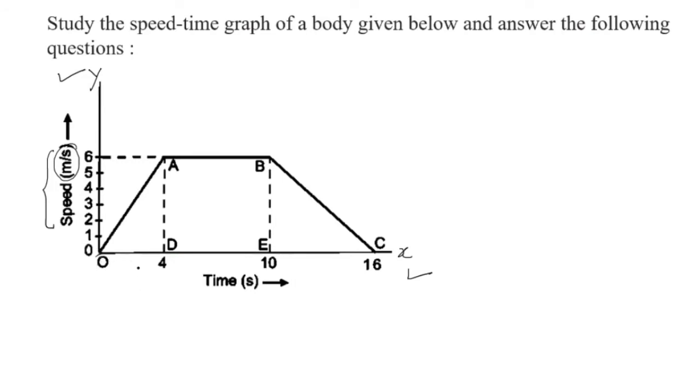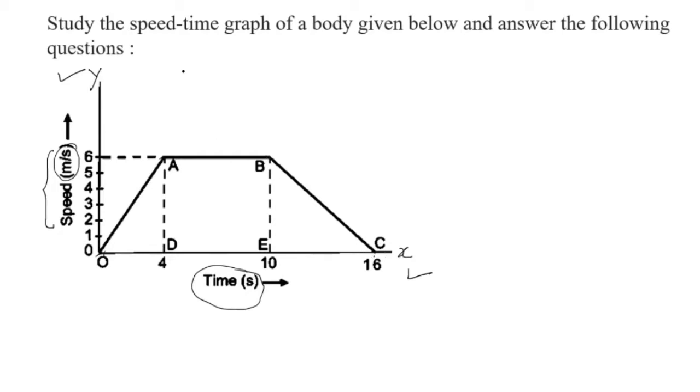And on the x-axis time is plotted, and you will find the motion is shown in the graph from O to A and then A to B and then B to C.